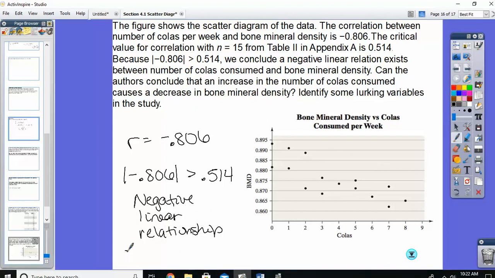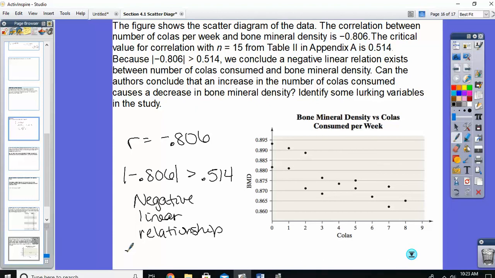Can I say that drinking soda lowers your bone density? No. Why? What else could be going on? There could be a lurking variable.